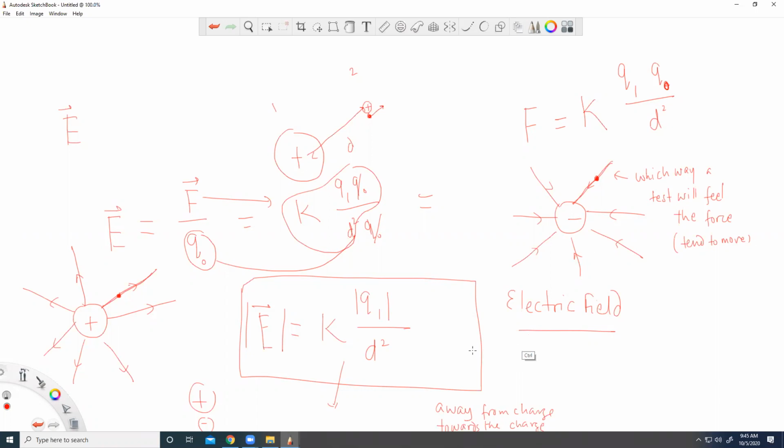Okay, let's see how we calculate the electric field. If you take a look at your worksheet questions, it's asking to find the electric field of a charge configuration. I don't know the number, but in one of your problems, you have 3 charges on the corners of a square.